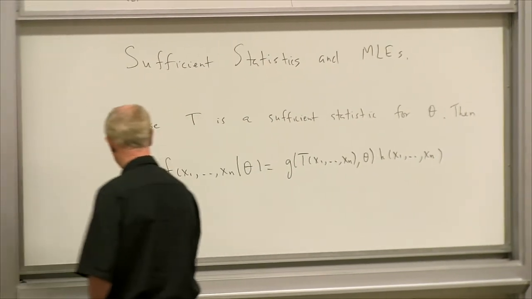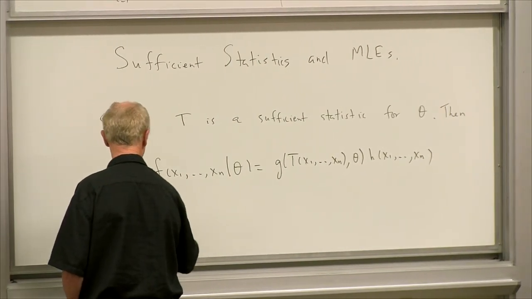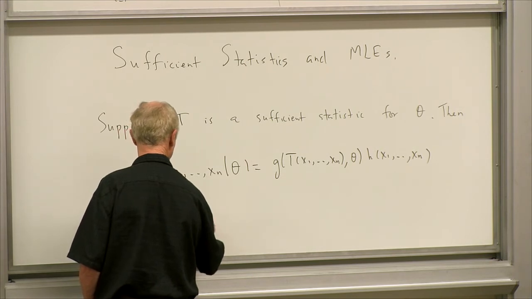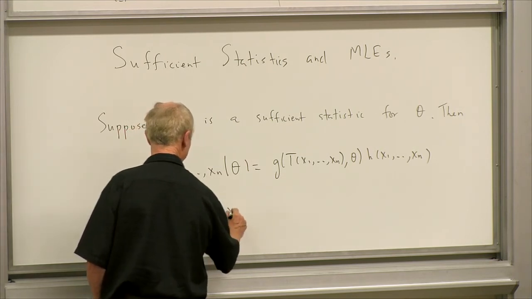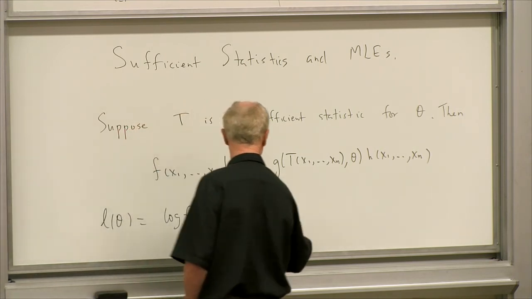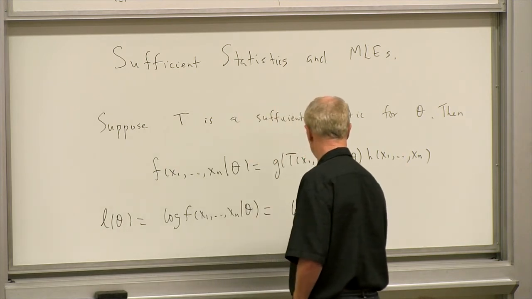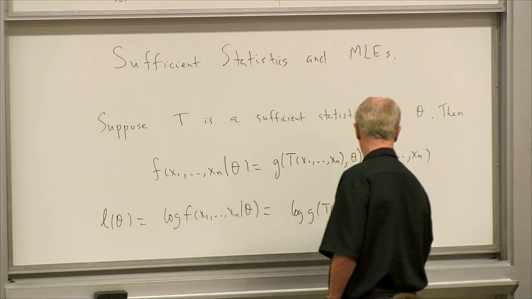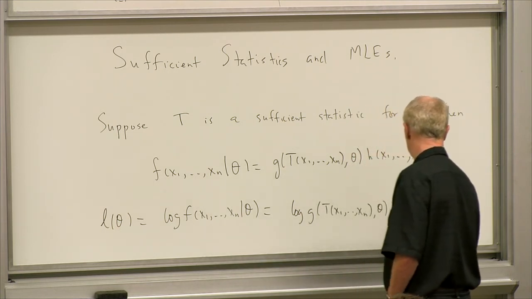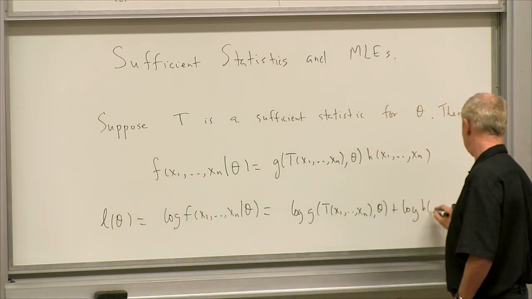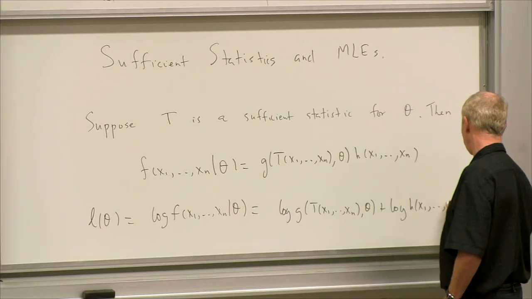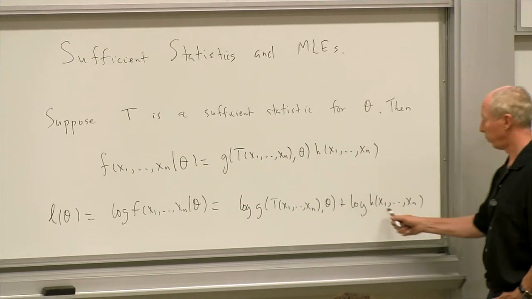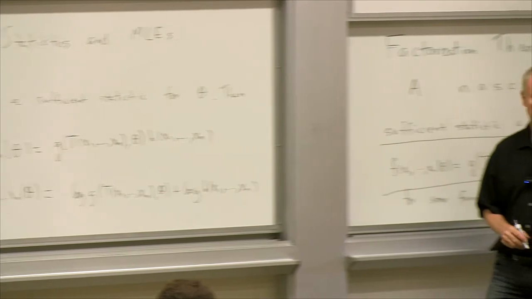You form the log likelihood function. And the log of a product is the sum of the logs. So we get this.